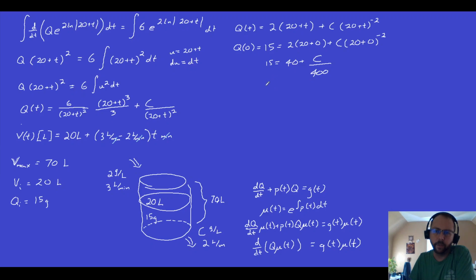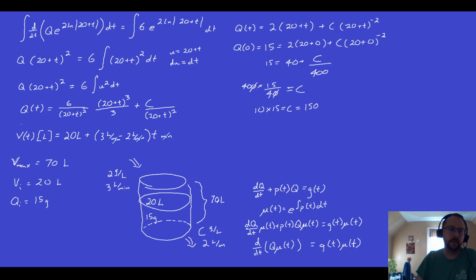So divide by 40. 15 divided by 40, and then we're going to multiply by 400. So one of these cancels with one of these. The 4's cancel. This is equal to c. So 40 divided by 4 is 10, times 15 equals c, which is equal to 150.